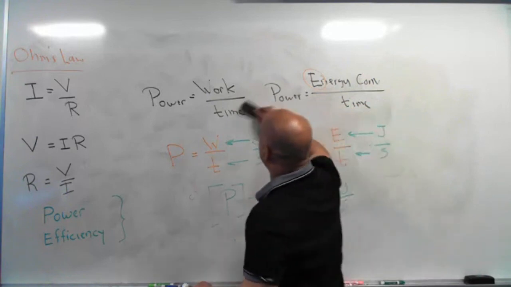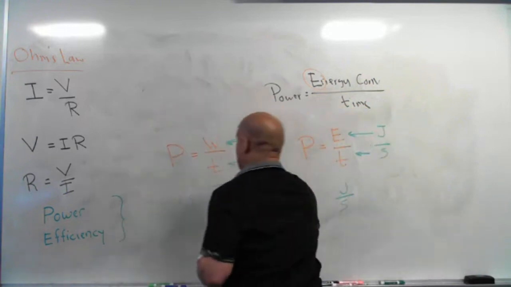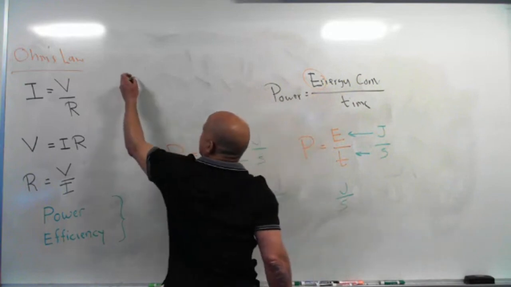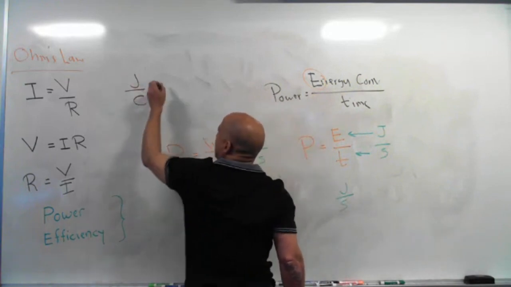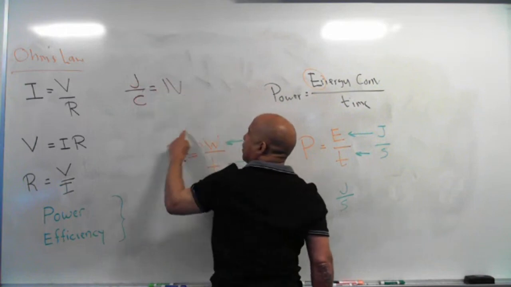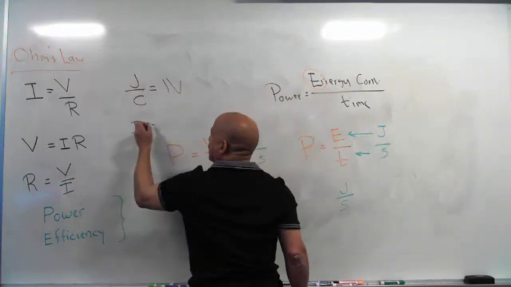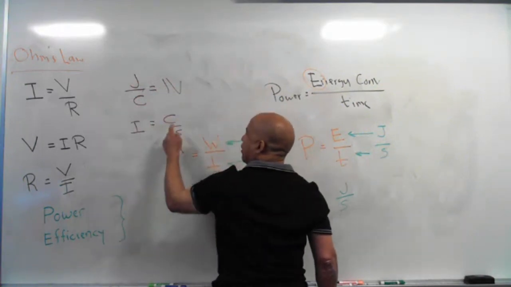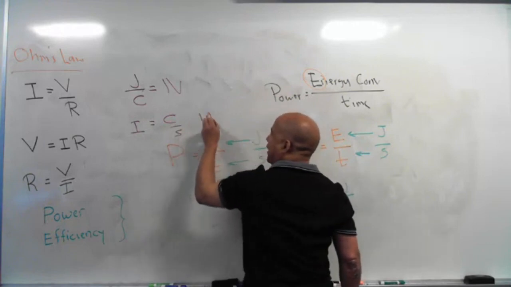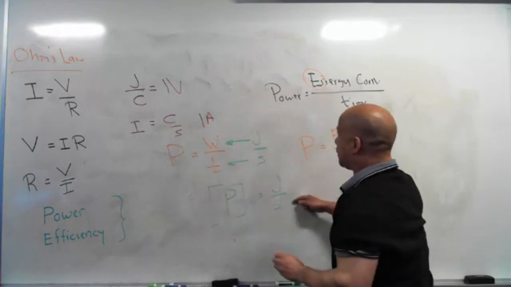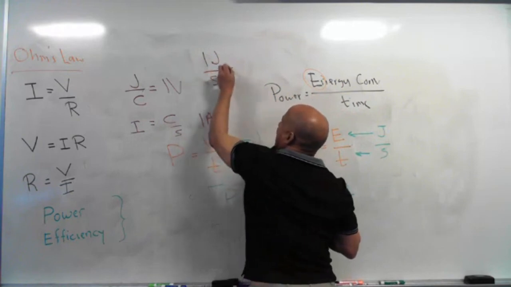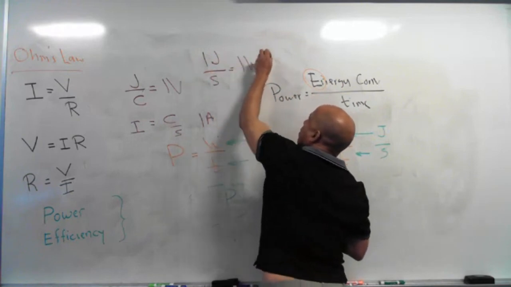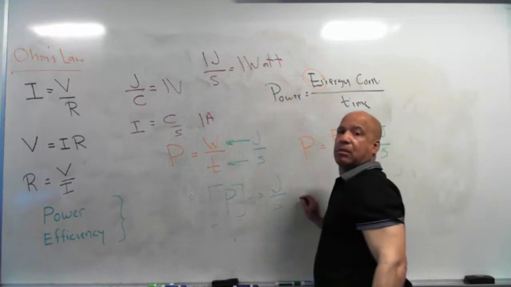Somebody said this is the watt. Well, just like for voltage, we said voltage has units of joules per coulomb. 1 joule per coulomb, we call that 1 volt. Or current has the units of coulombs per second. 1 coulomb per second, we call that 1 amp. If I have 1 joule per second, I have 1 watt.